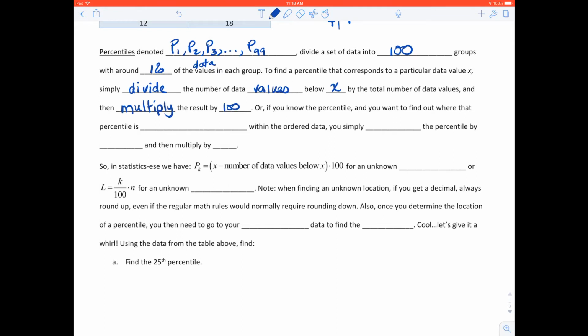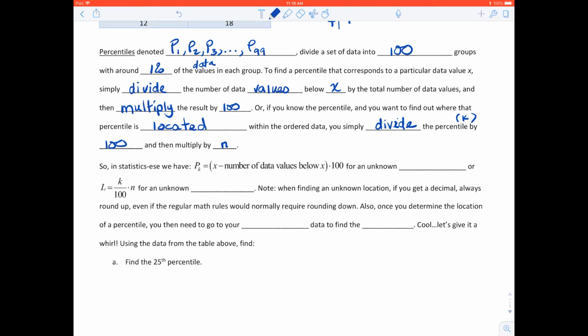Or if you know the percentile and you want to find out where that percentile is located within the ordered data, you simply divide the percentile K by 100 and then multiply by N.